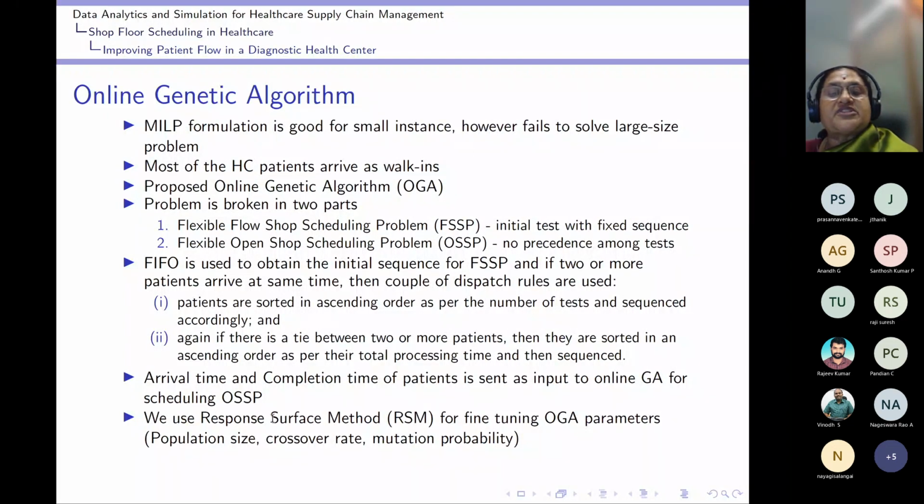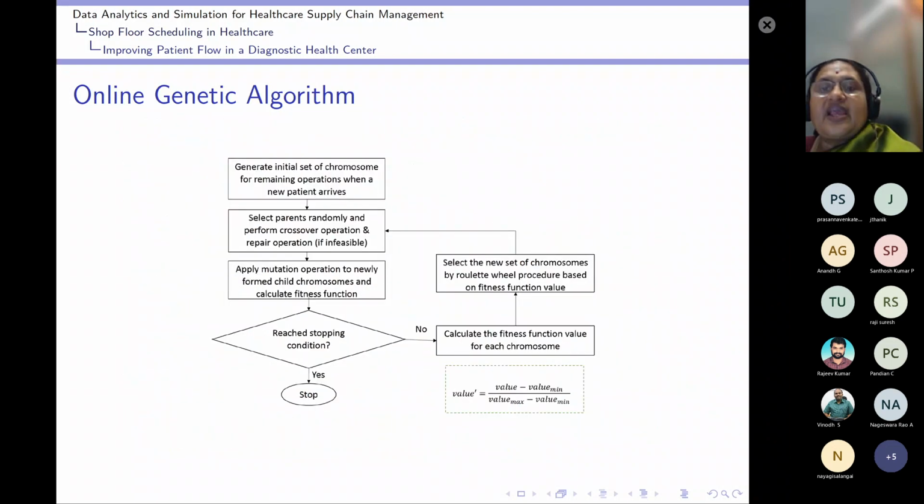We used the response surface method for fine tuning the genetic algorithm parameters, and this is the overall high level flow chart for the online genetic algorithm. In the interest of time, I'm not going to go through it in detail. The reference for the paper is given and you can go through the paper.